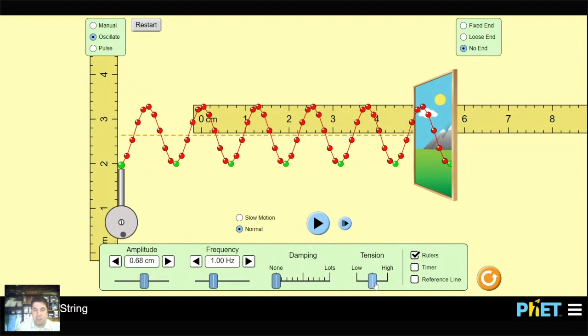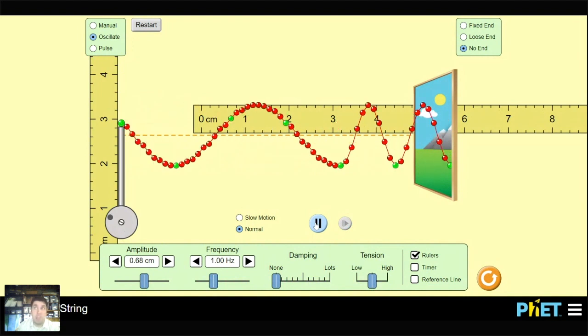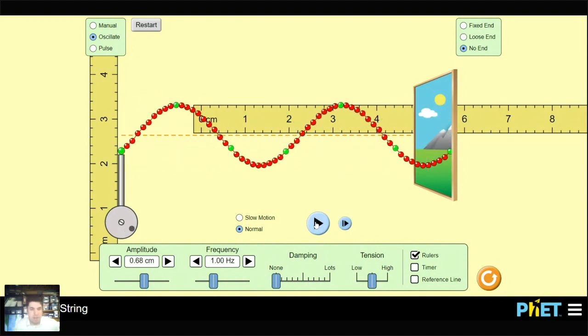If I put it somewhere in the middle, I'll probably get some number that is somewhere between 6 and 1.5. And it looks like at the middle setting, we are 3.7, 3.8 centimeters per second. So the higher the tension in something, or the denser the material, the faster waves travel through it.